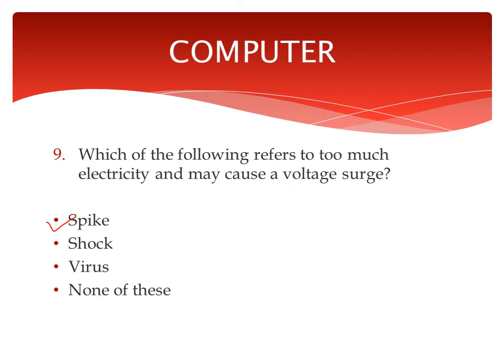Ninth question: which of the following refers to too much electricity and may cause a voltage surge? First, spike; second, shock; third, virus; fourth, none of these. Correct answer is spike.